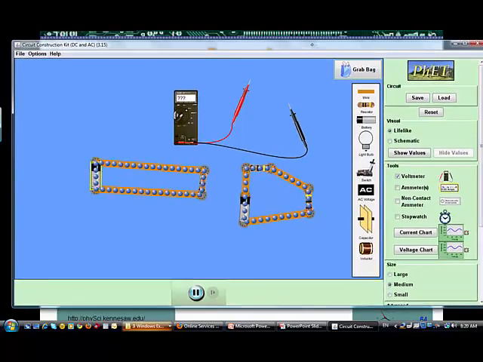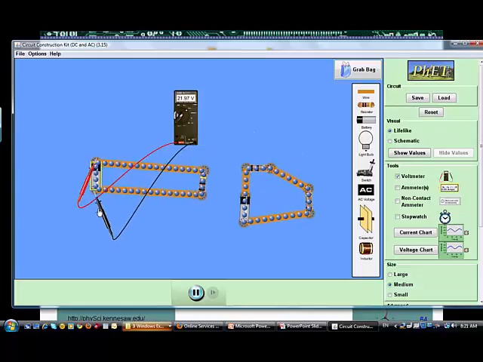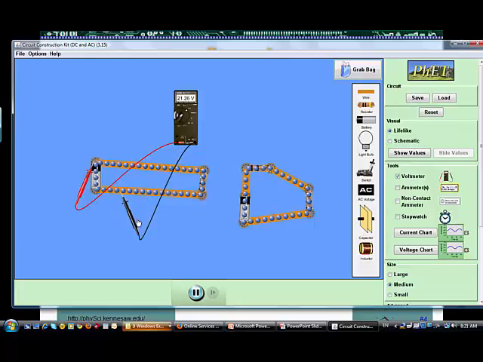So if the wires have resistance, then here I have a different voltage. Why do I have a different voltage? Because I have a different current. Why do I have a different current? Because notice the voltage here, 21.97.